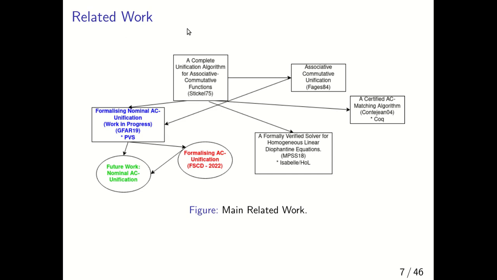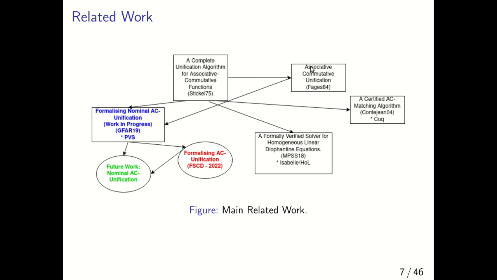Here's a diagram of the main related work. Stickel in 1975 gave a complete unification algorithm for associative-commutative functions, and he pointed out the connection between solving linear Diophantine equations and performing AC unification.